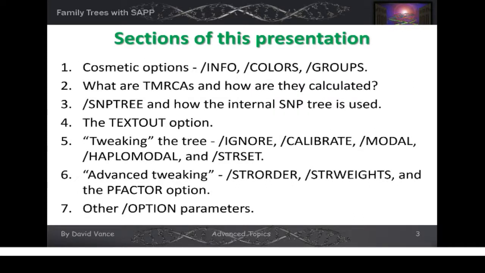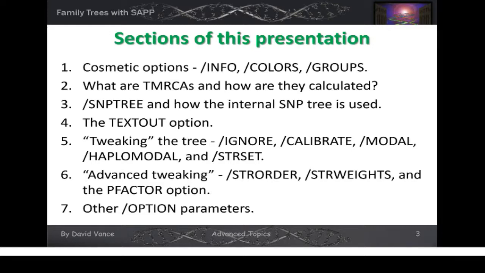So I'll first touch on some cosmetic options, /info, /colors, and /groups. To a certain extent, we'll cover how TMRCAs and the way they're calculated in the tool, how SAPP used them for estimating. That's not necessarily a deep dive into those statistical calculations, but you'll get a sense for how they're done and where to go for more information.